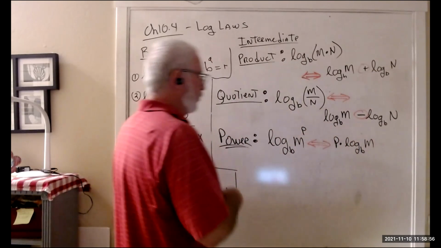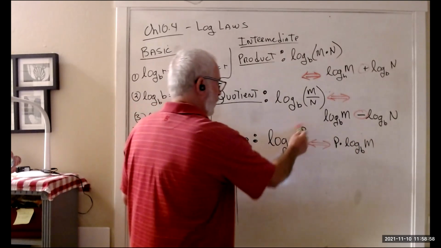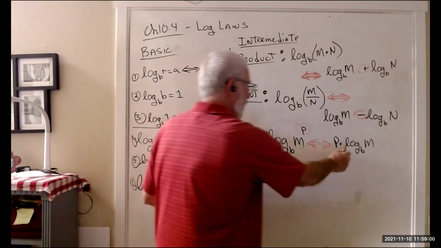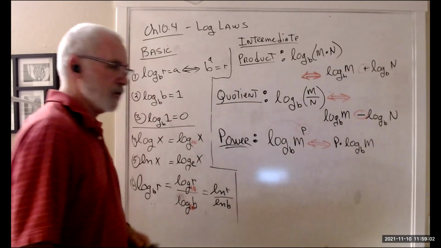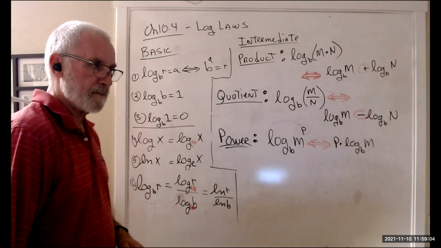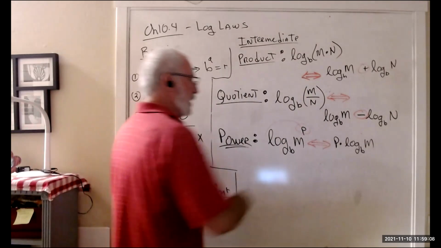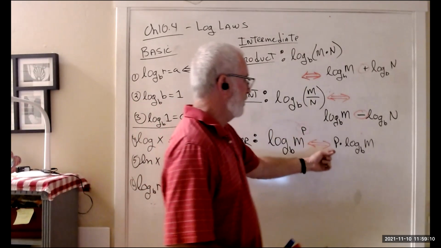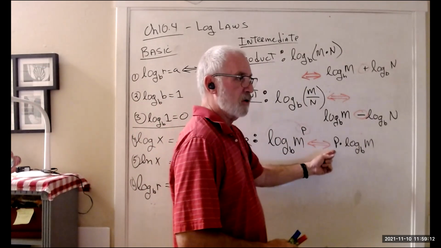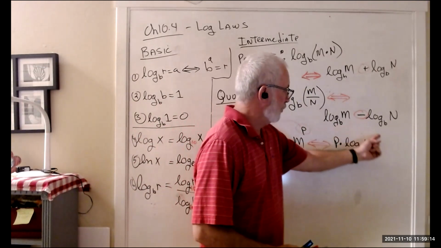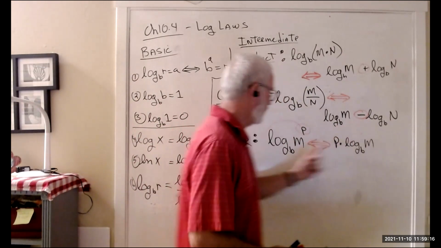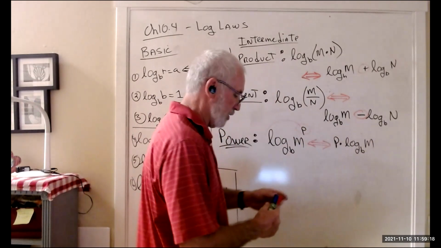Basically, the power moves out front and then multiplies the rest of the logarithm. And again, it's bidirectional. If you've got a number out front, you can move it up as a power here. P was the power.